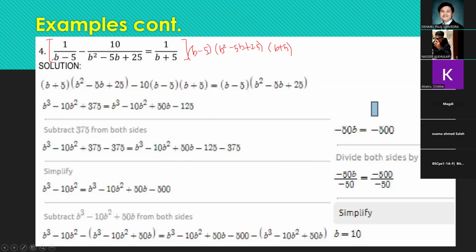So b minus 5 will cancel, retaining the b squared minus 5b plus 25 times b plus 5, which is now this one. Next is the 10. So b squared minus 5b plus 25 will cancel, retaining the 10 times b minus 5 times b plus 5, which is now this one.